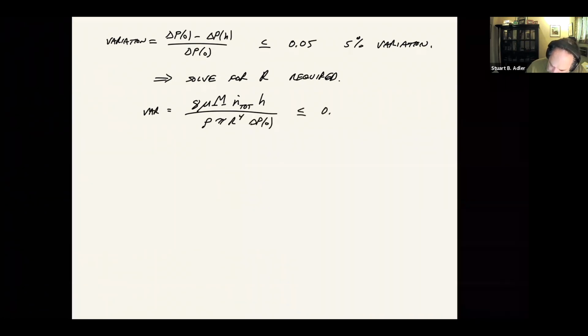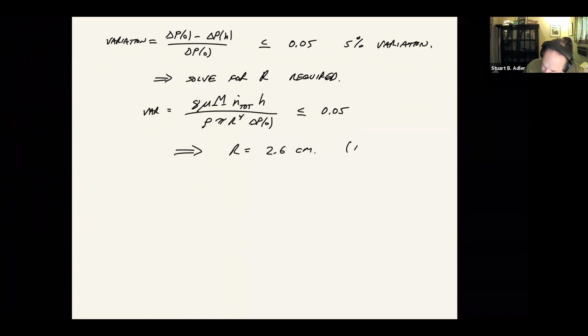And I want this to be less than 5%. And if I take all the numbers that I've been using, we plug our 65 pascals into delta P and so forth, and solve for R, we get a radius of 2.6 centimeters.